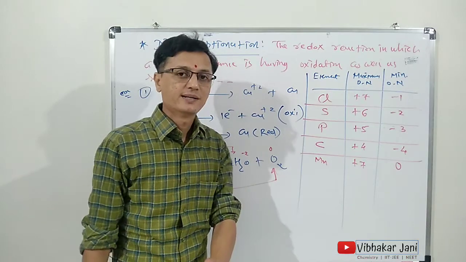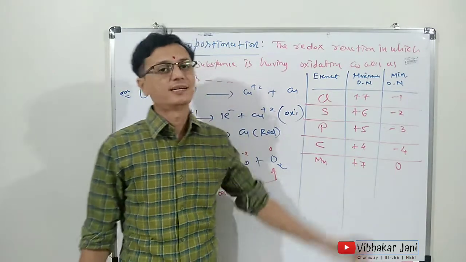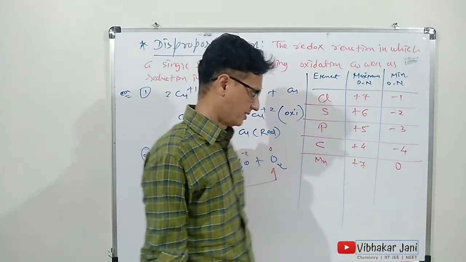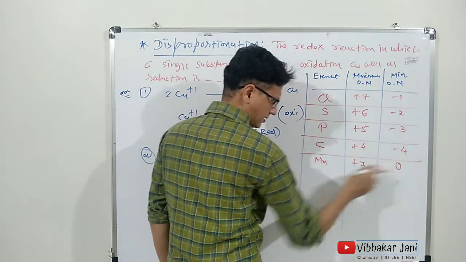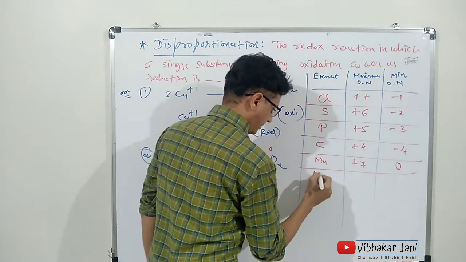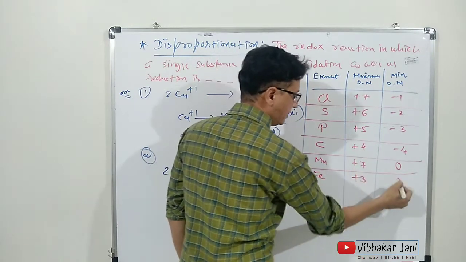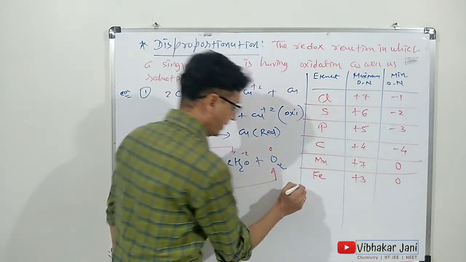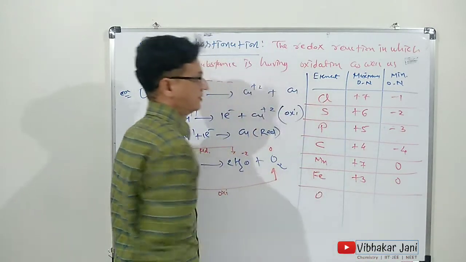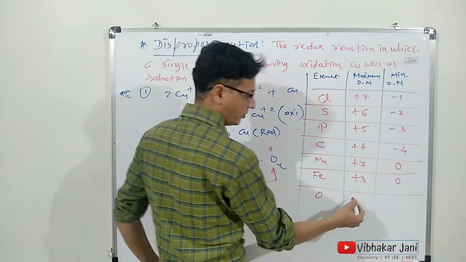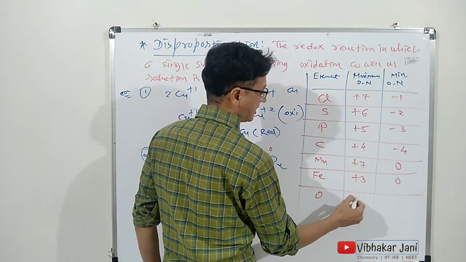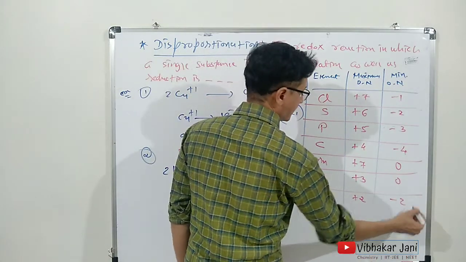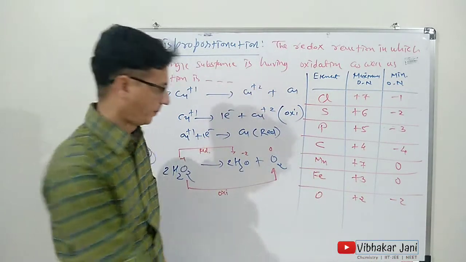So all metals have minimum oxidation state equal to 0. Fe has maximum +3, and as Fe is a metal, its minimum will be 0. Oxygen can have maximum oxidation state +2 and minimum -2.